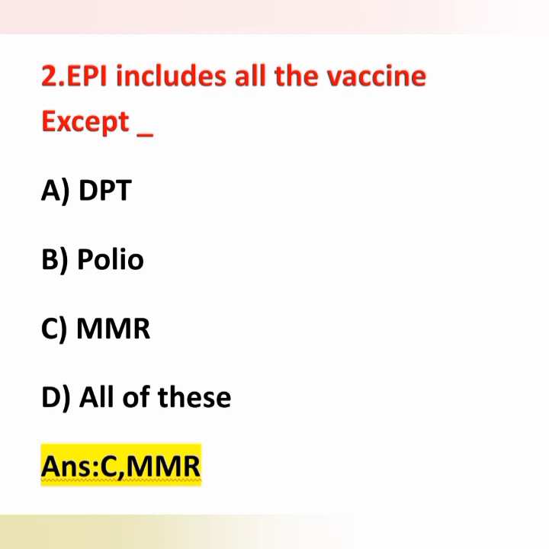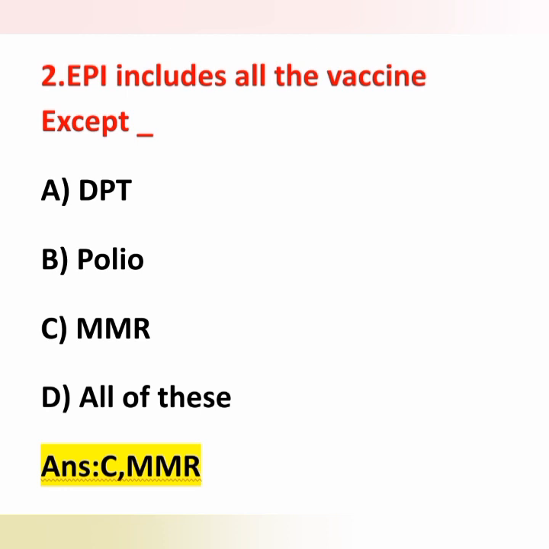So the Expanded Program on Immunization was launched in the year 1974. Year is important, 1974. And it includes 6 vaccine preventable diseases, that is diphtheria, pertussis, tetanus, polio, measles and tuberculosis.